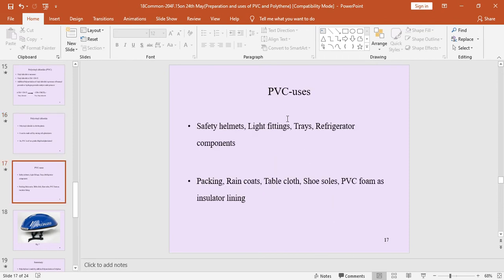Okay, PVC uses: safety helmets, light fittings, trays, refrigerator components, packing appliances, raincoats, tablecloths, shoe soles, PVC foam as insulator linings. These are the other uses. Note down these uses.